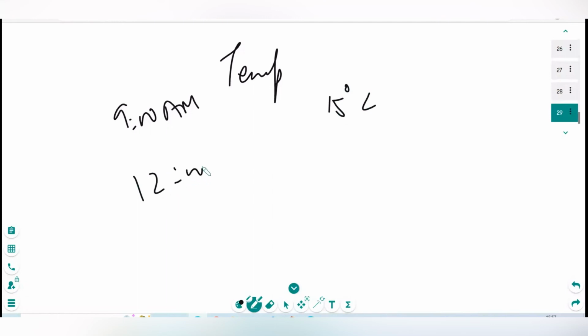See, suppose in the weather reports, there's a sunrise time, right? And they give you some temperature. Say at 9 a.m., the temperature was 15 degrees Celsius. Maybe in the afternoon, you will find that it has become 30 degrees. It's quite hot at noon, right?